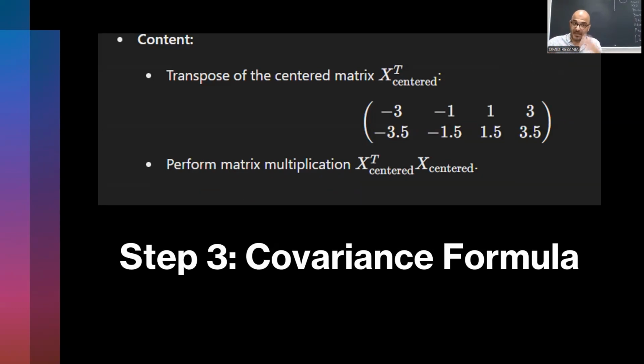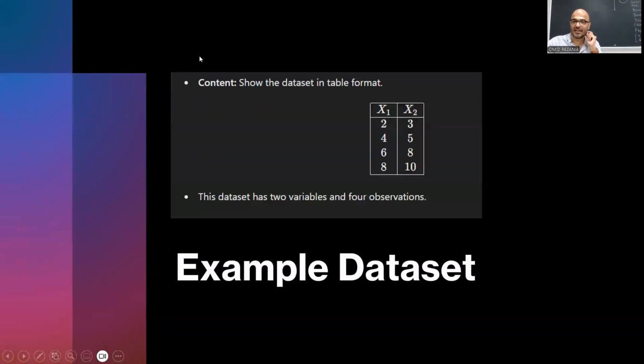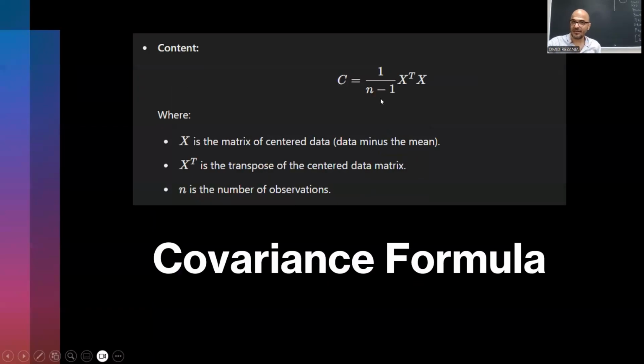Now, next step. Step number 3 is the covariance formula. Remember the covariance formula which I had over there, and I asked you to please take a note of it. Look at that: 1 over n minus 1, X transpose times X. What was the X? X is the matrix of the centered data.